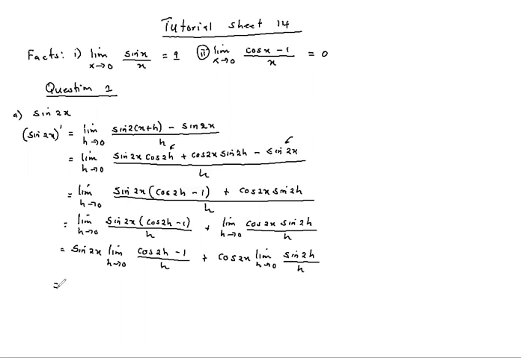From there, if we look at what we have in facts 1 and 2, the only thing missing is a 2 in the denominator, because for sine, this part here must be the same as this part there. Since we have 2h, we must have a 2h down.